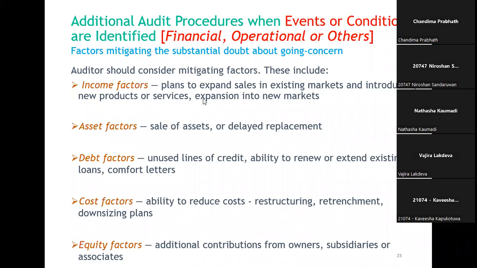Then cost factors: ability to reduce the cost, restructuring, retrenchment, downsizing plans. Equity factors: additional contribution from owners, subsidiaries, or associates, either in the form of share capital or through interest-free loan or funding, or through a letter of support.